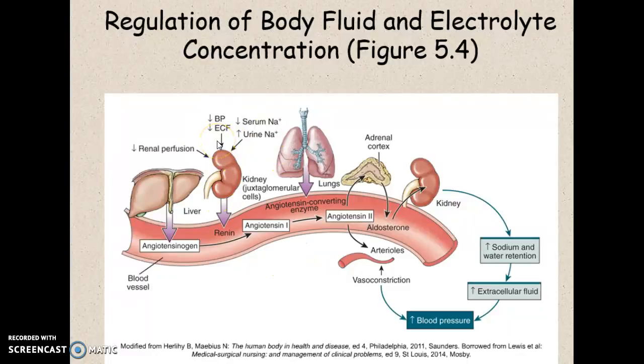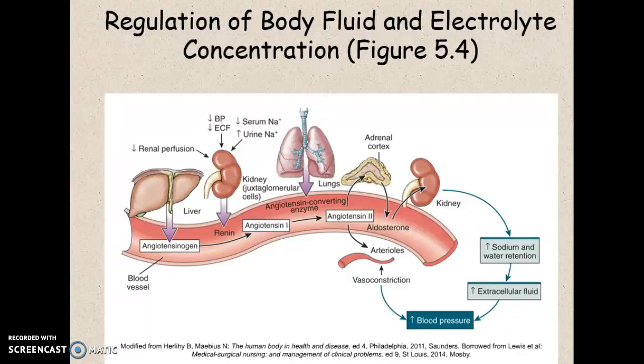The kidneys have a major function in maintaining serum sodium levels, and they're very sensitive to changes in blood pressure and volume. And here you have a decrease in blood pressure, a decrease in extracellular fluid, decrease in serum sodium, increase in urine sodium concentrations. Those factors are going to cause the kidney to produce renin.